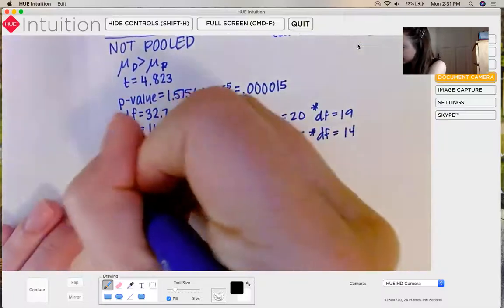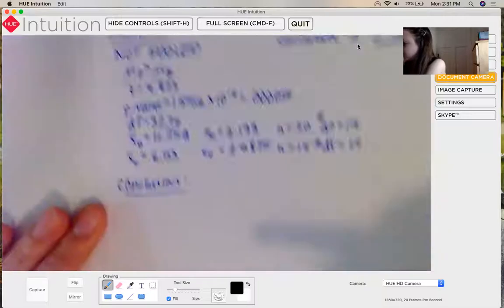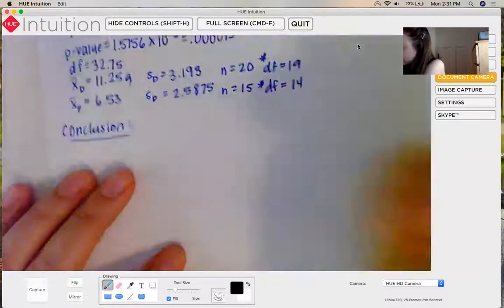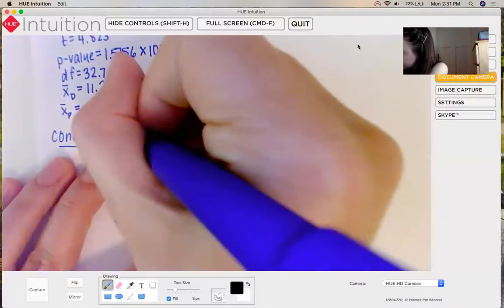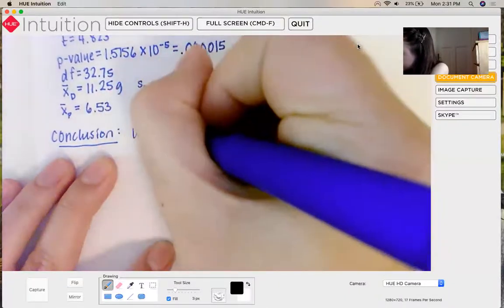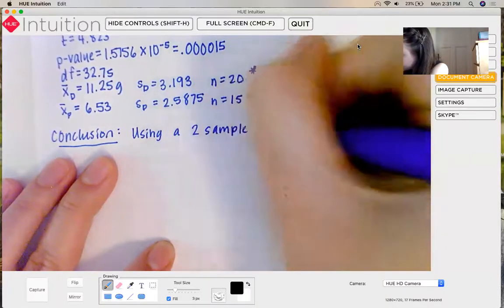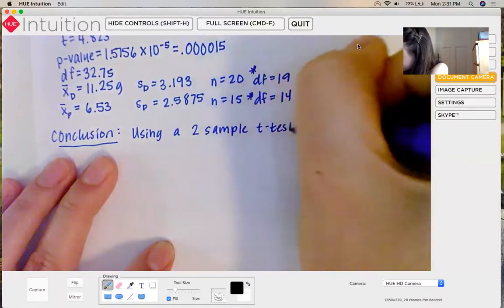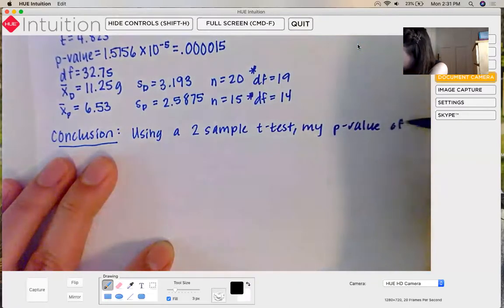The last part is the conclusion, and then we are done. So the conclusion is just like what we've done before. So the conclusion, basically what we're going to say is, using a two-sample t-test, my p-value of, let's see what that was.